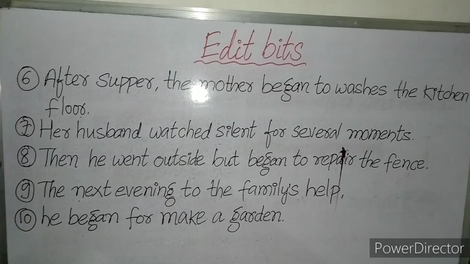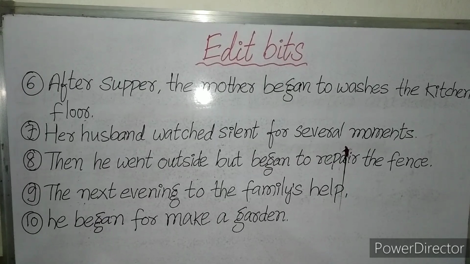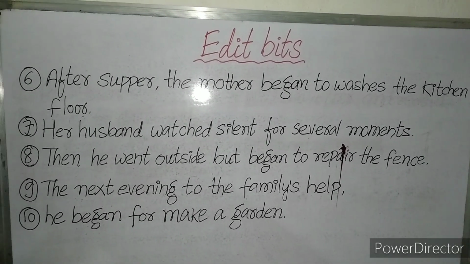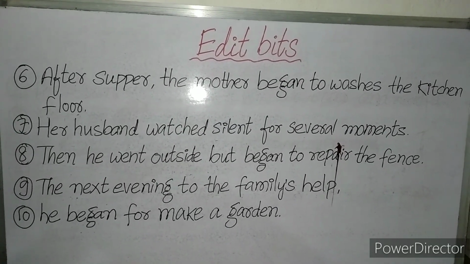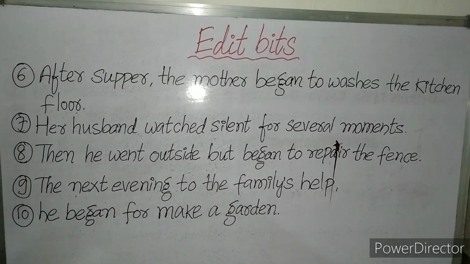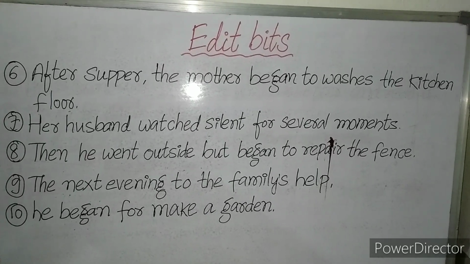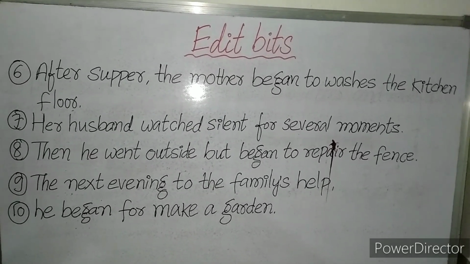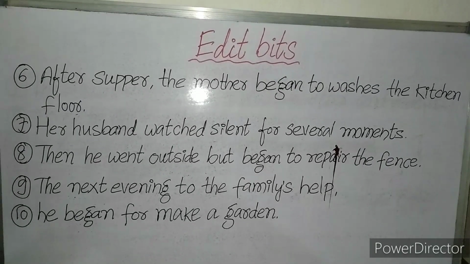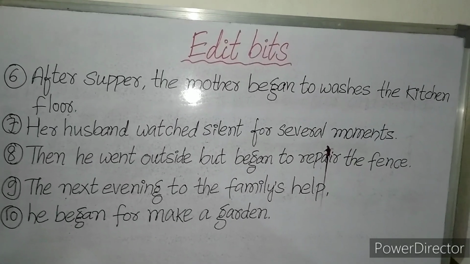After supper, the mother began to washes the kitchen floor. 7th one, her husband watched silent for several moments. 8th one, then he went outside but began to repair the fence. 9th one, the next evening to the family's help. 10th one, he began for make a garden. Now you find out where the mistakes are. Now let's solve the 6th one.